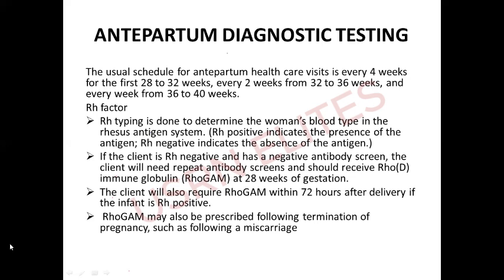From 32 weeks coming downwards, the woman goes for review every 4 weeks until 32 weeks. Then from 32 weeks to 36 weeks, the woman has to go every 2 weeks. Then from 36 to 40, the woman has to go every week.